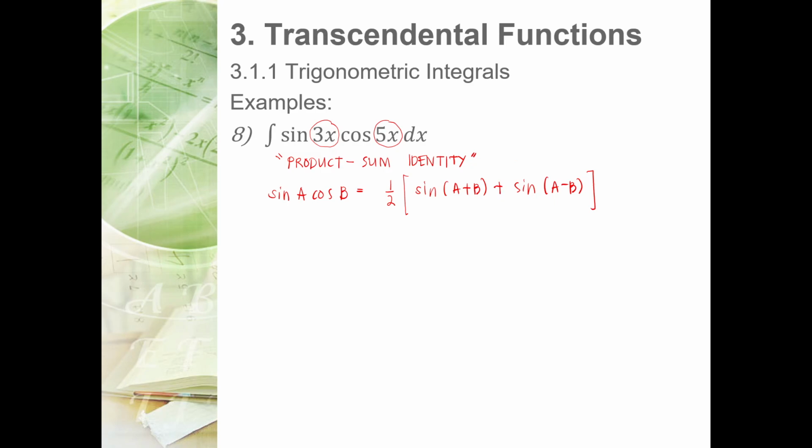Other books have another way of representing this: instead of 1/2, it is 2 sine A cosine B equals sine A plus B plus sine A minus B. So it depends on your book or the reference of identities you are looking at.